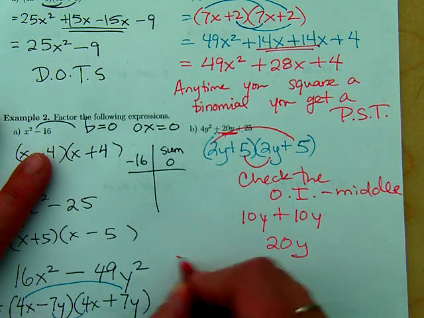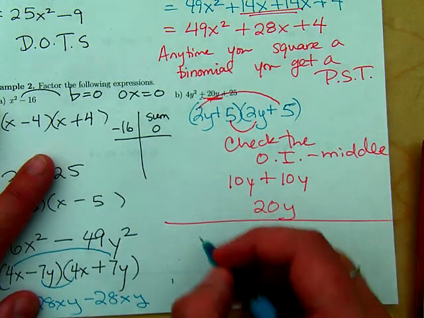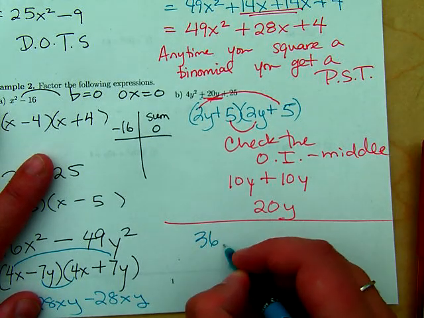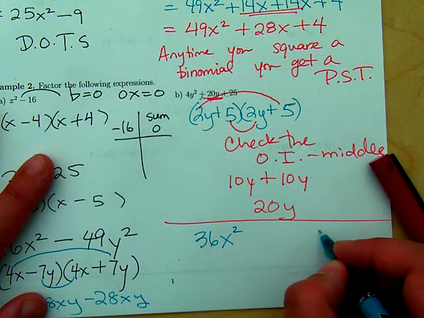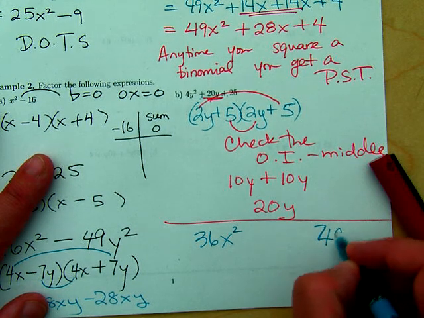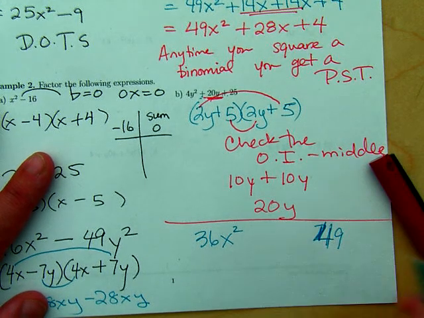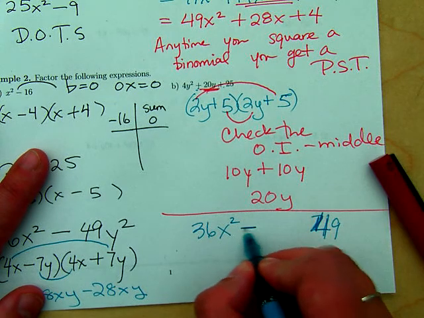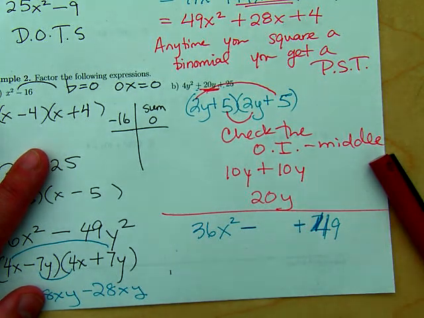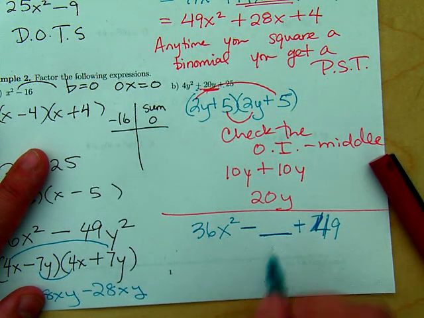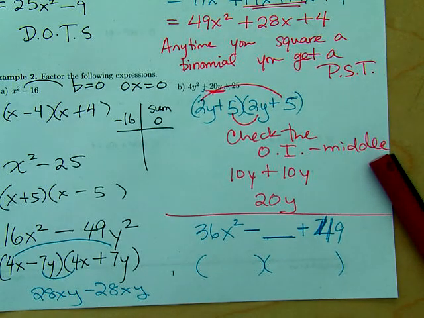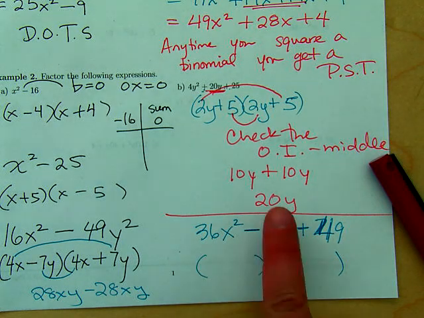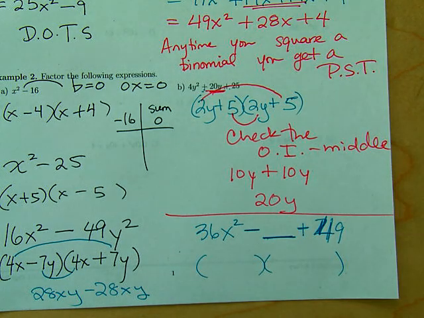Let's say I had 36x squared and my last term was 49. I'm using 49 quite a bit, okay? And this is negative and this is positive. Don't worry just yet about what the middle term is, because I'm not exactly sure. No, I'm just kidding. Okay, if you ignore the middle term, how would that factor using a PST?